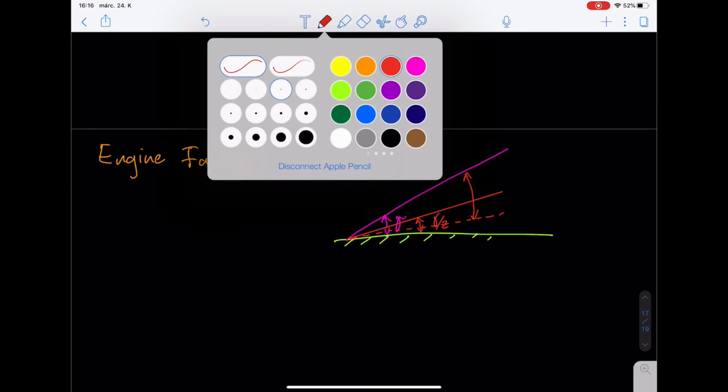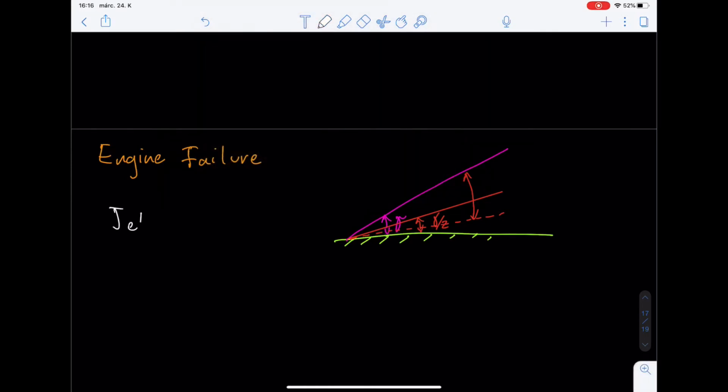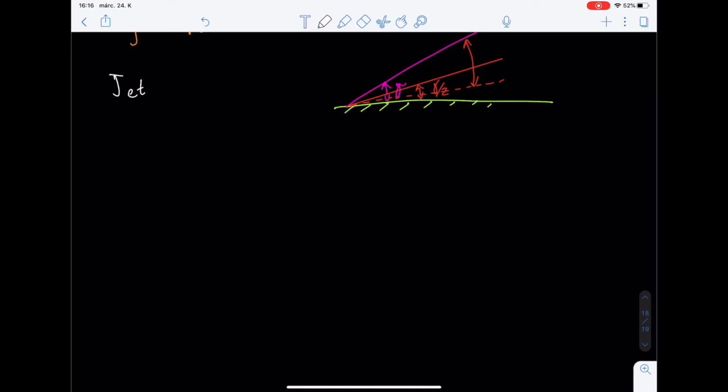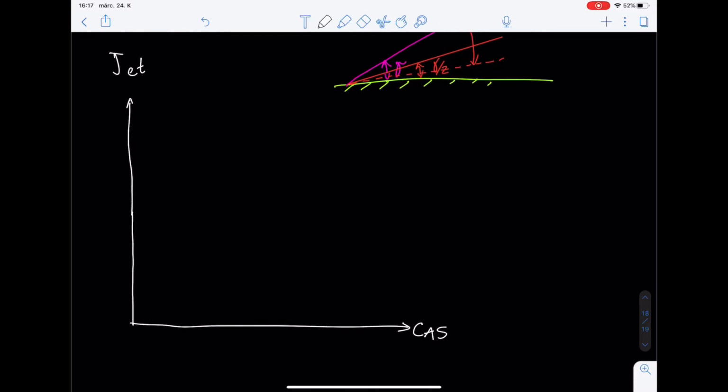So let's start with the jet to see how this happens. We're not going to get exact numbers out of this calculation, but let's see how the process is handled. Let's have calibrated airspeed, or as you might see it in the Path Pilot book, indicated airspeed. For representing these charts, you might see indicated airspeed in the Path Pilot book, and calibrated airspeed in the aviation exam question bank.